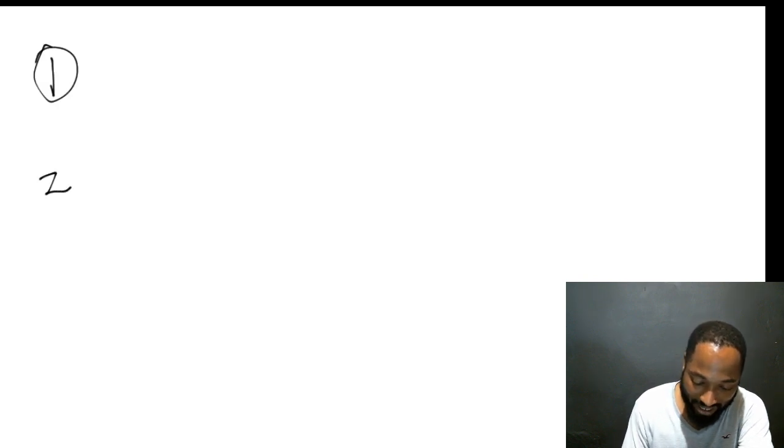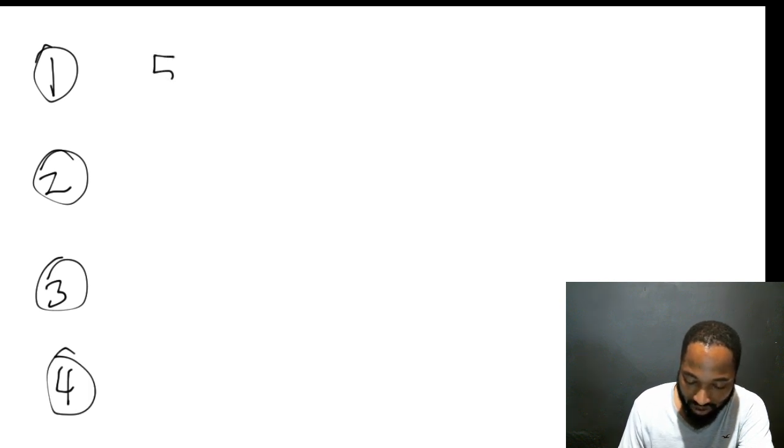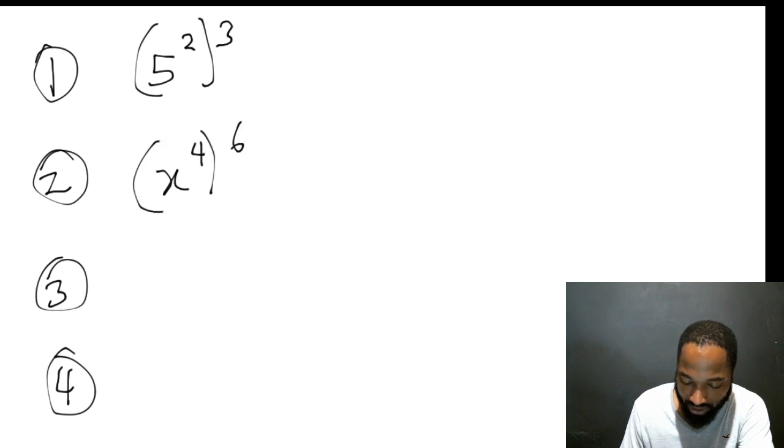Now let me give you some questions and see if you can figure it out, see if people understand what's happening here. Find the value of 5 to the power of 2 by 3. Simplify x to the power of 4 by 6. y to the power of 2 by negative 4.